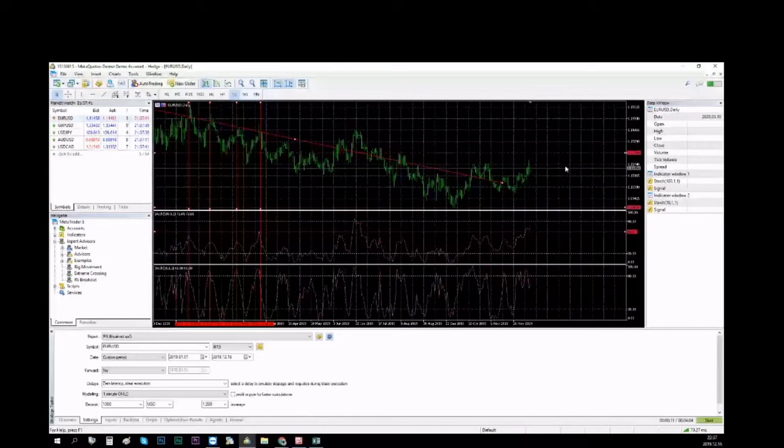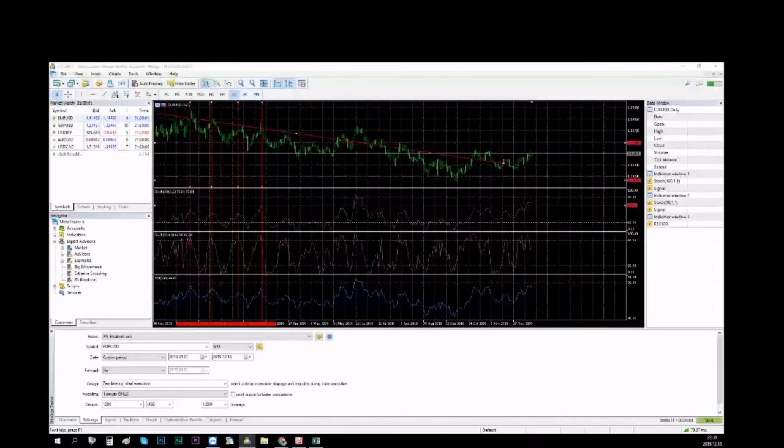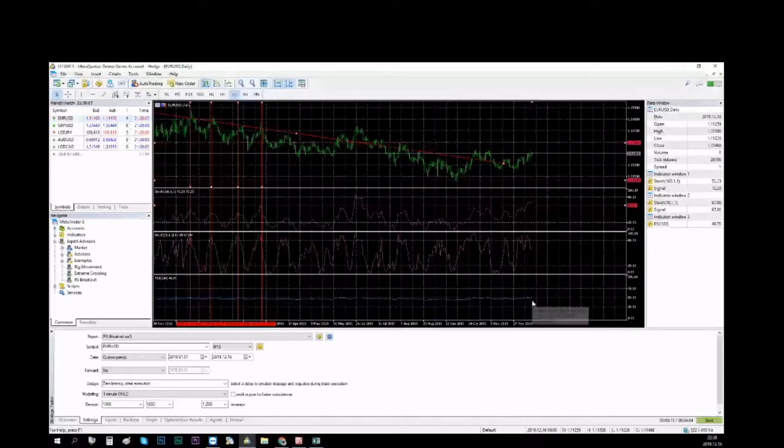RSI always gives the same concept, but I think RSI is not giving results first of all, while stochastic is going. Understand? Yeah.